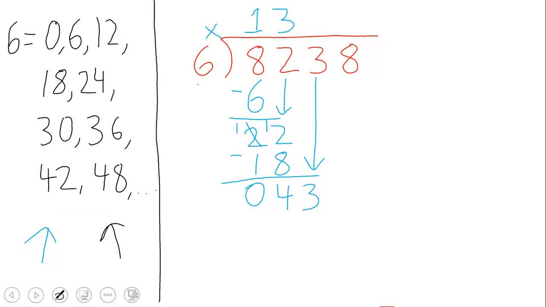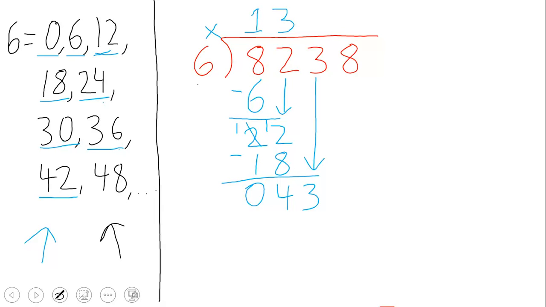If you look at it, 0 is less than 43, 6 is less than 43, 12, 18, 24, 30, 36, and 42 are all less than 43.